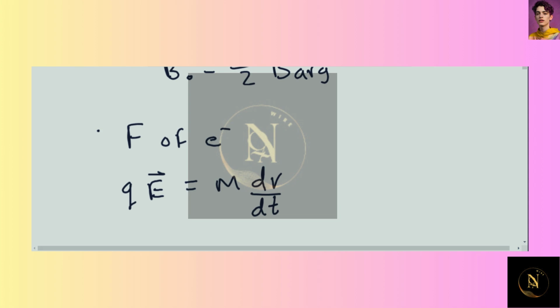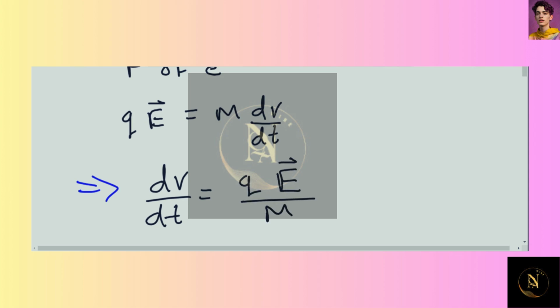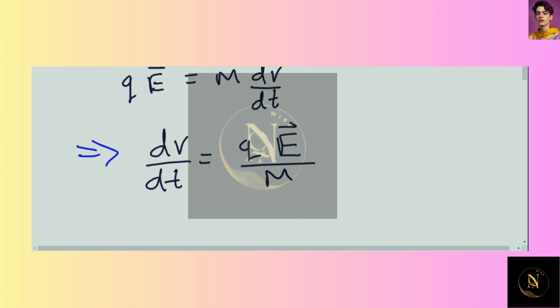Now let's solve for that dv/dt. So we have dv/dt is equal to the charge times the E field divided by the mass. And dv/dt is just acceleration. So this is the acceleration of the electrons inside of that betatron.